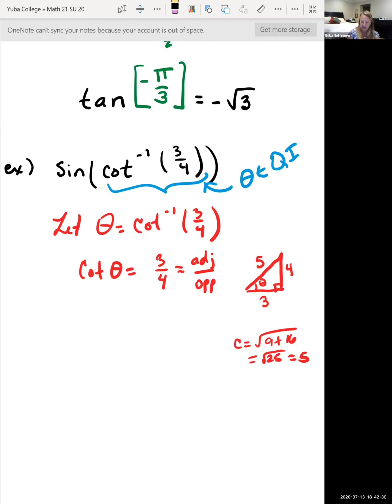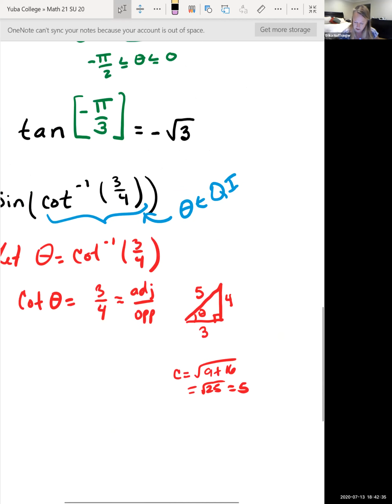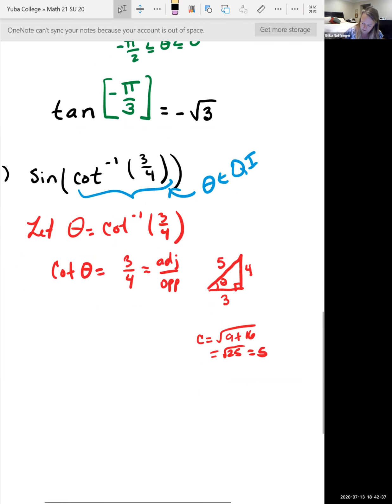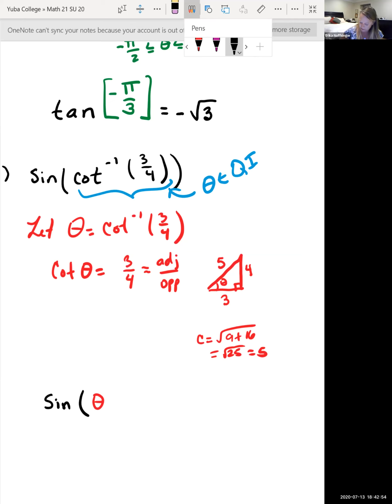So right now we have sine of theta, and sine is opposite over hypotenuse.